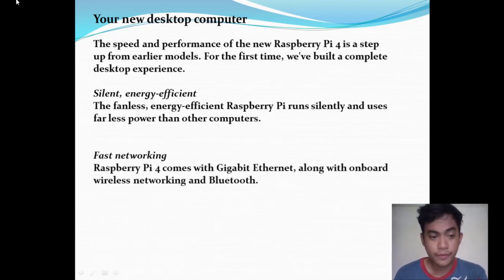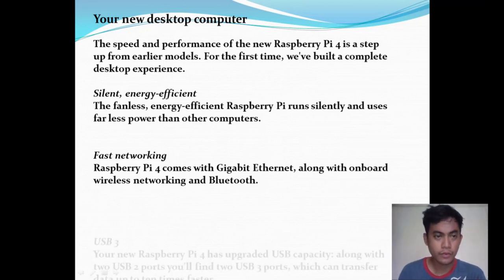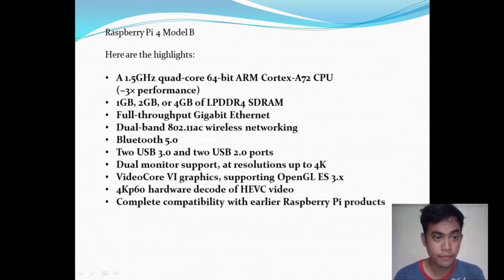Fast networking. Raspberry Pi 4 comes with Gigabit Ethernet along with onboard wireless networking and Bluetooth. USB 3. Your new Raspberry Pi has upgraded USB capacity along with two USB 3 ports, which can transfer data up to 10 times faster than the previous.